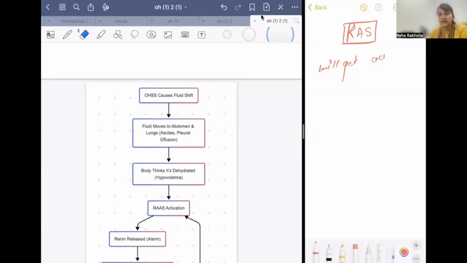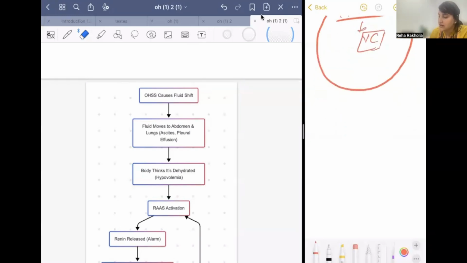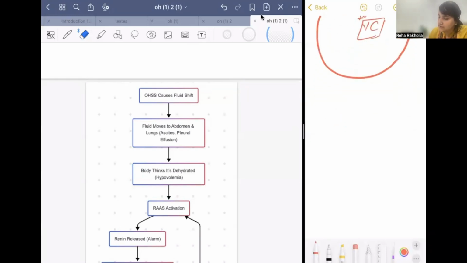So renin converts angiotensinogen to angiotensin 1. Then angiotensin 1 is converted into angiotensin 2 by ACE, and angiotensin 2 is responsible for vasoconstriction. So basically, the body tries to fix the hypovolemia.